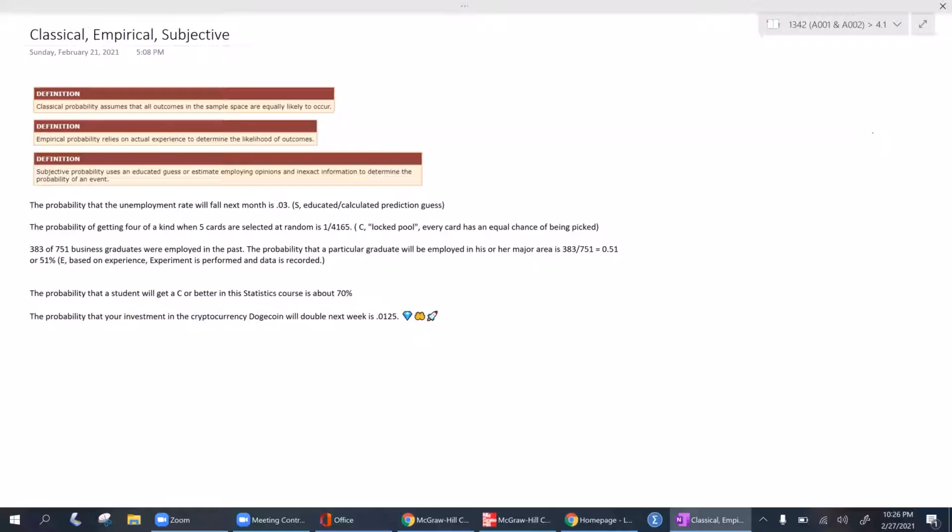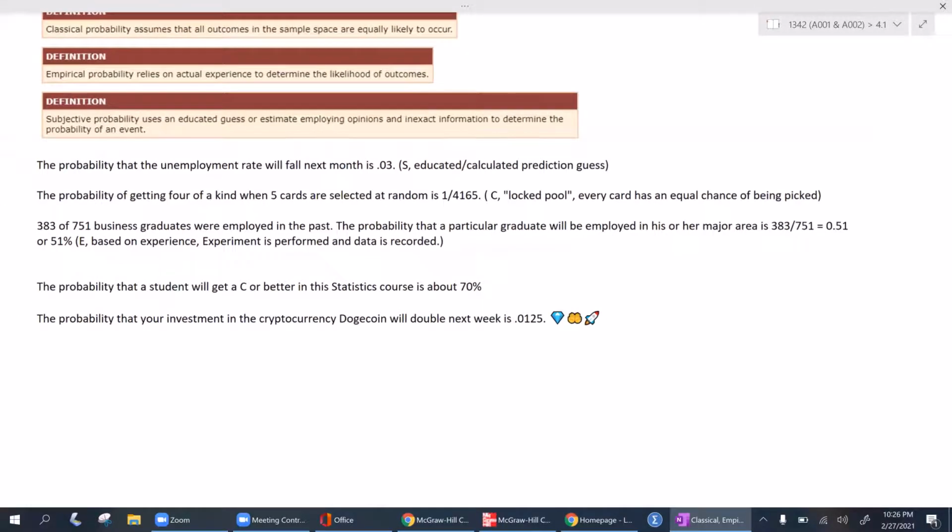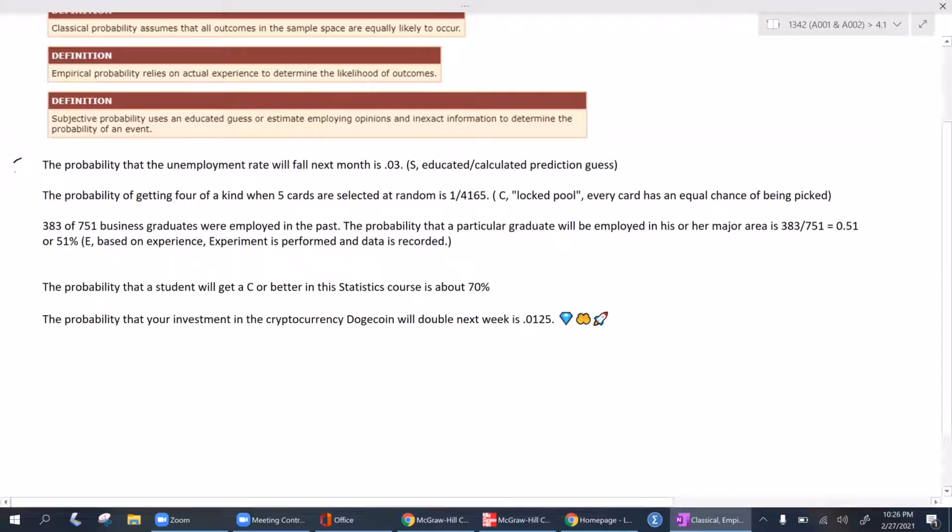Examples are always nice so we can have an idea of what we are doing. For an example, let's go ahead and make this bigger for you guys. Let me go ahead and number these so you can label them.